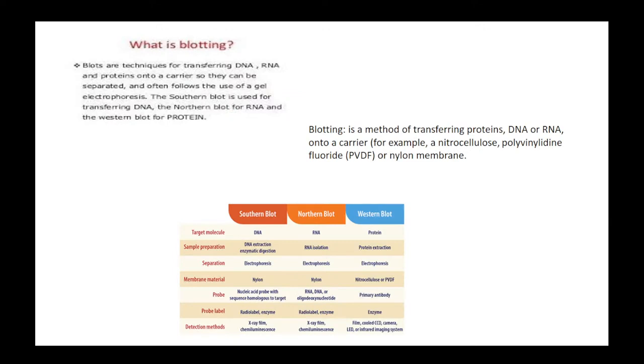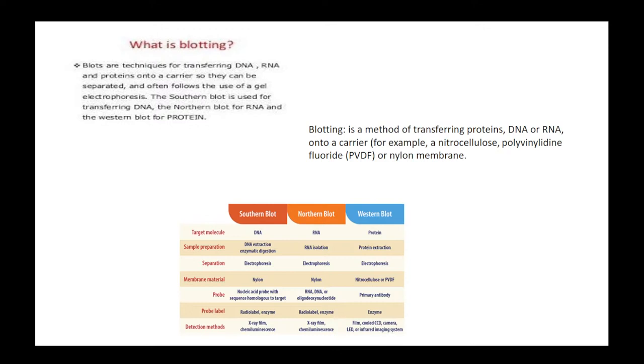Blotting is a technique for transferring DNA, RNA, and proteins onto a carrier so they can be separated, and often follows the use of gel electrophoresis. The Southern blot is used for transferring DNA.